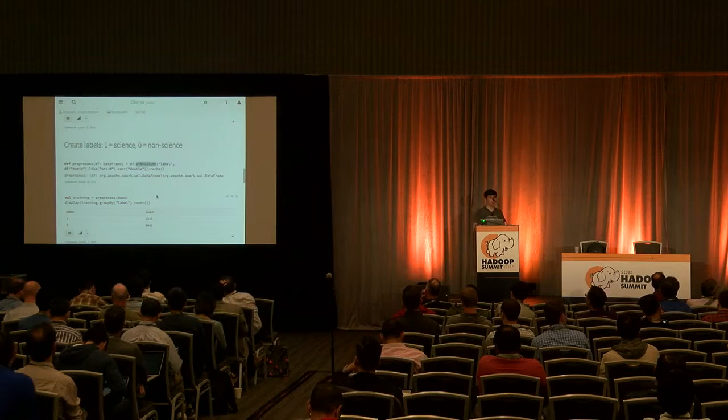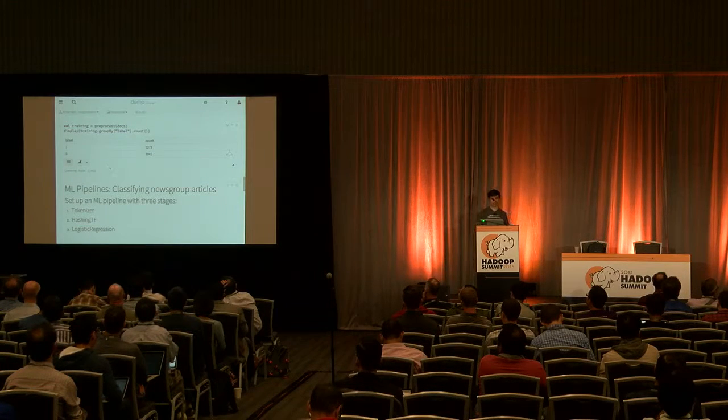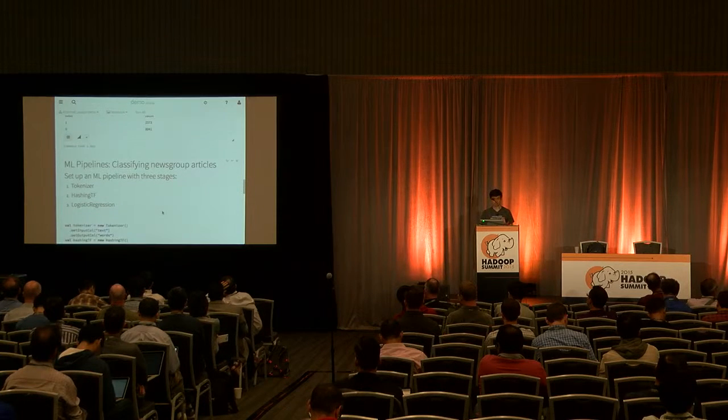Cool, so we just created our labels, science or not science. And now what we're going to do is this. We'll classify the newsgroup articles with 3 stages of a pipeline: tokenizing, translating from articles to bags of words, hashing TF, which will turn those words into feature vectors, and logistic regression, the actual model.